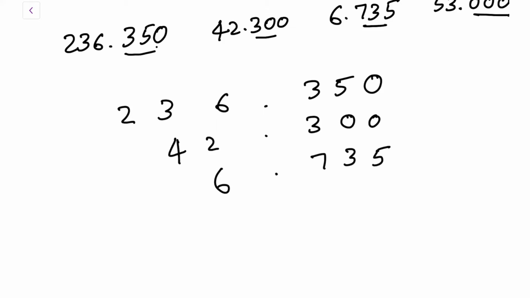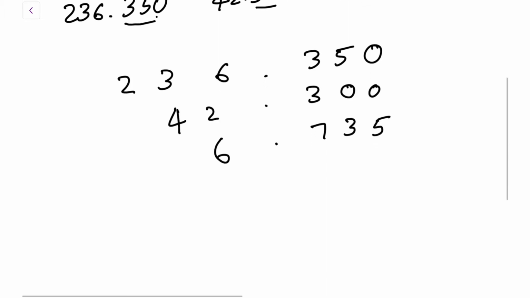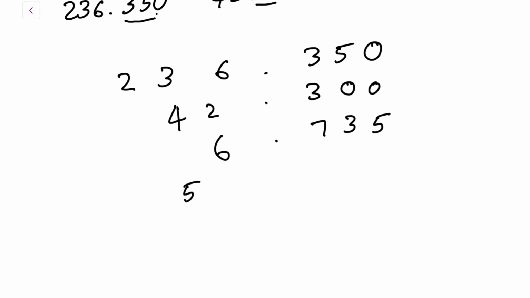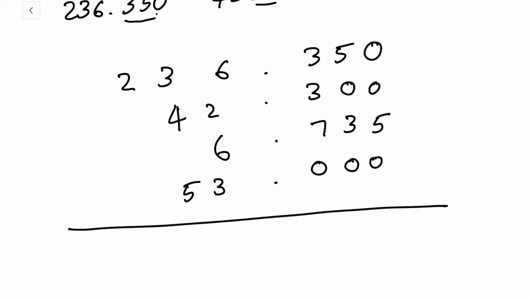Notice as I'm writing one below the other, I am making sure that every digit is in the right place value. Alright. The last one is 53.000. Once you write one below the other, you just need to add all the corresponding place values.